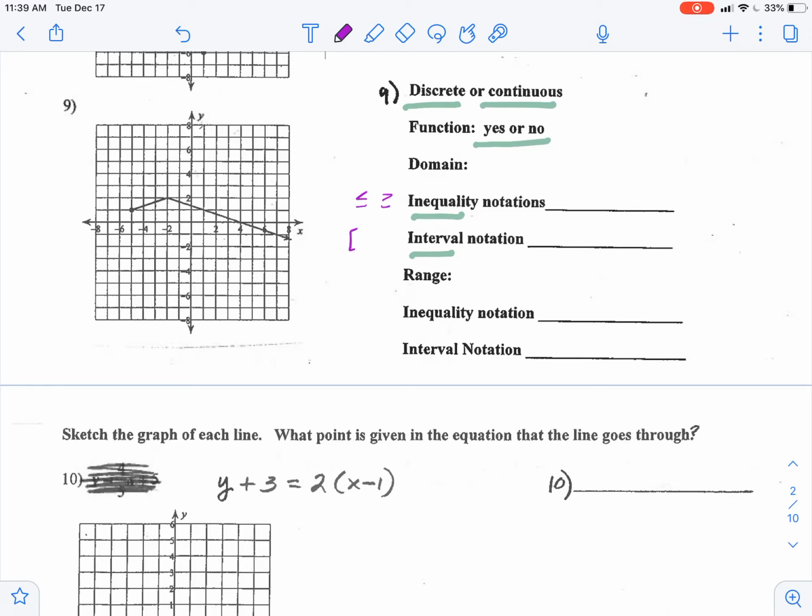Your interval is your bracket and your parenthesis and maybe even a negative infinity or positive infinity. Also be very careful. This is an arrow on the end here. Darken that so you can see a little bit better. Then you're going to do the range the same way. Both notations. Pause and work the video for the problem.